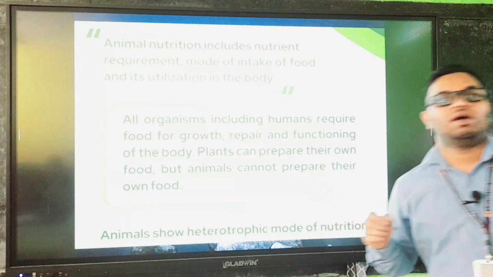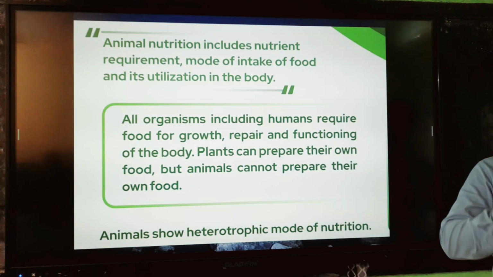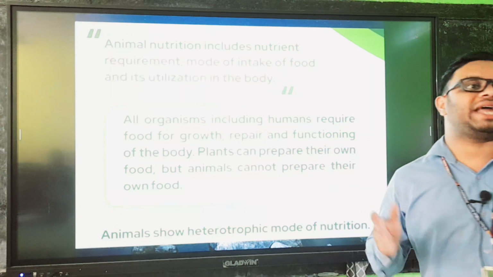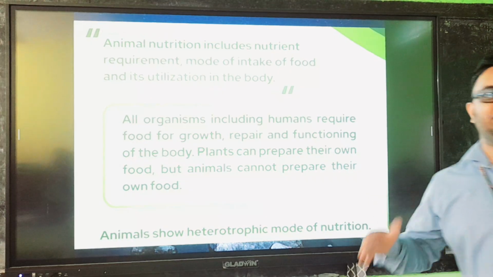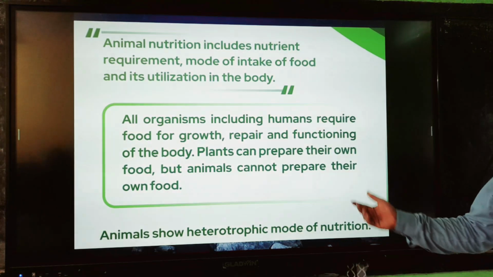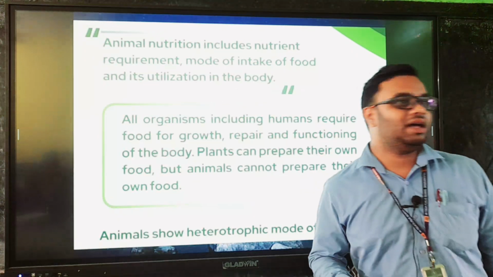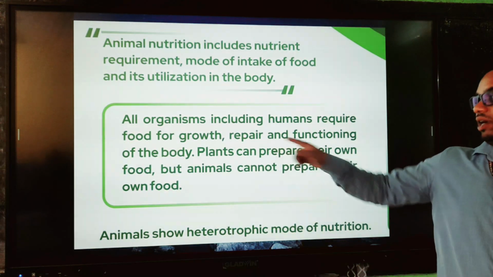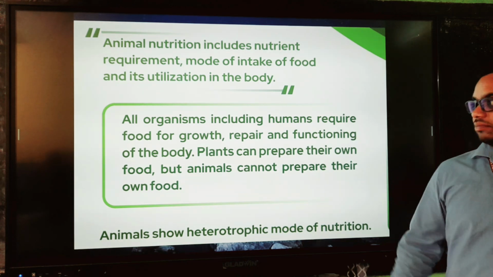Think of a machine: if something is damaged, you take it to a mechanic, and the mechanic will see and fix the machine. Like this, when our body needs some repair work, the food we eat supports that repair work. Understand now? Yes.